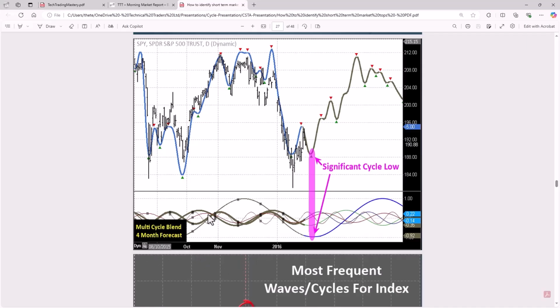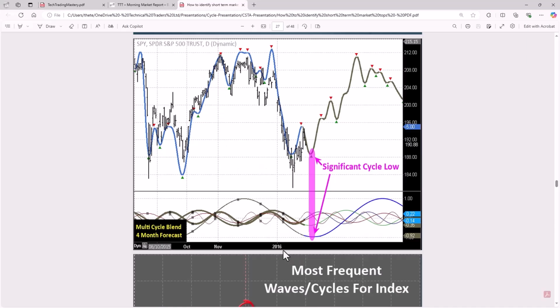If you were to blend all of these time cycles together, then you get this upper blue line and the bias of it constantly wanting to push up and constantly wanting to come down. The longer term cycles will drive it up. The shorter term cycles will cause pullbacks or delays or pauses in price. And this is what the SPY was doing when I did this presentation.